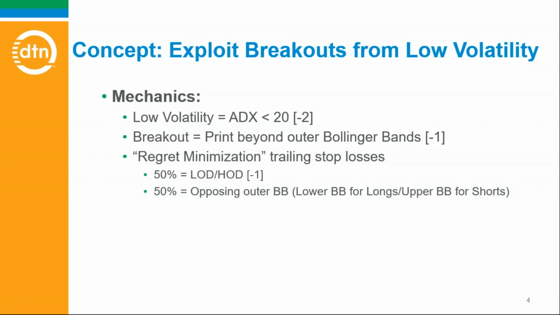We're going to take off half the position at the prior day's low. So let's say we have a bullish breakout. We break above the upper band. We're going to take off half the position based upon a trailing stop, which is yesterday's low of the day.